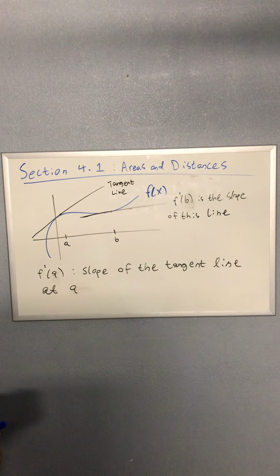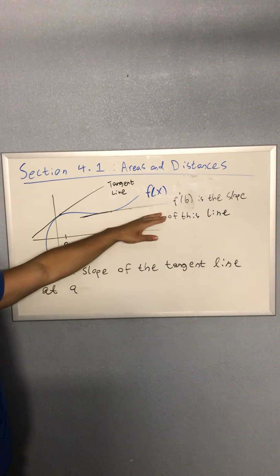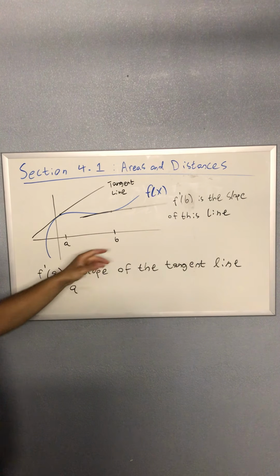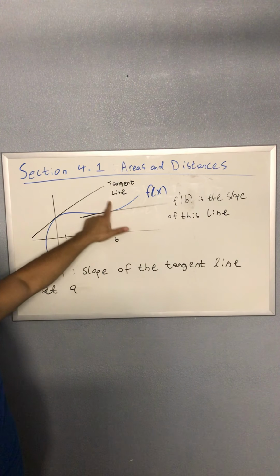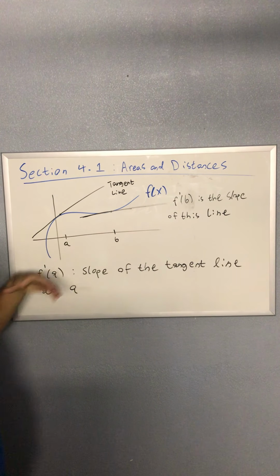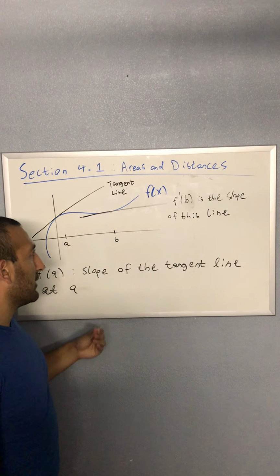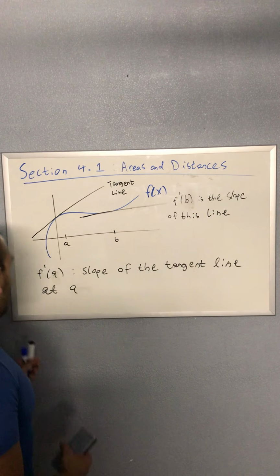So you pick some point in your domain, and then you have a tangent line for that point. The value of the derivative at that point is just telling you the slope of the line. This slope is going to be larger than this one because it's much more positive. But essentially, that's what the derivative tells you. It tells you the slope of the tangent line. That's how we interpreted it geometrically.